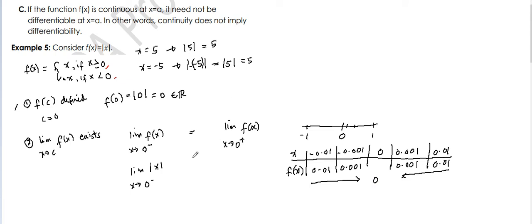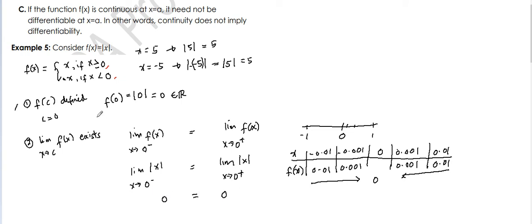So, masasabi natin dito na yung limit of the absolute value of x as x approaches 0 from the left is equal to the limit of the absolute value of x as x approaches 0 from the right. Kasi nakita naman natin na dito sa ating left hand, 0 yung ating limit, and then sa right hand naman, 0 din.